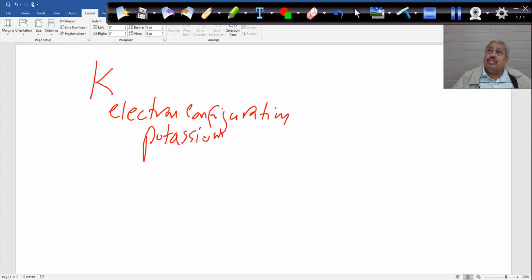So how many electrons do we have? On the top is 19, correct? In the nuclear chemistry chapter, we flipped atomic mass at the top and atomic number at the bottom. Here, in the normal periodic table, they put the atomic number. This is the atomic number.